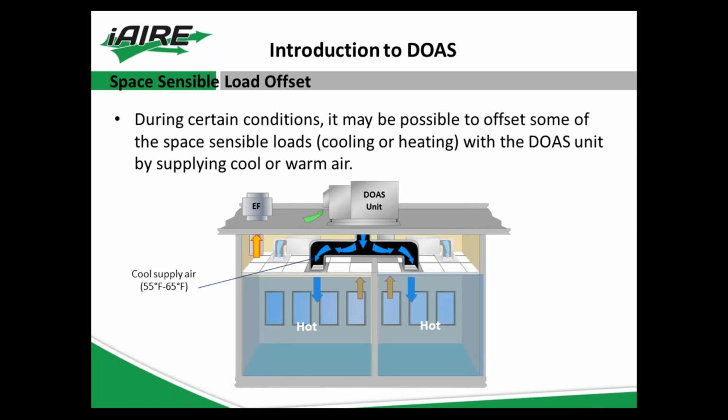And I will note that this is possible and often a good idea when you're looking at variable refrigerant flow systems, which, by their nature as heat pump systems, generally don't provide great heating at low ambient conditions. A good way to offset that, if you are using a variable refrigerant flow system matched with a decoupled DOAS system, is to increase the size of the heat exchanger inside your DOAS system to offset some of that sensible load in the winter.